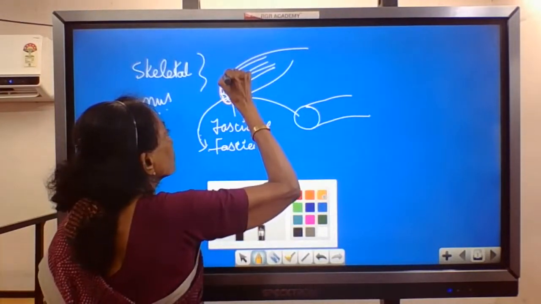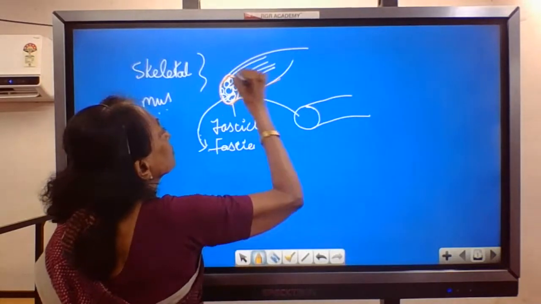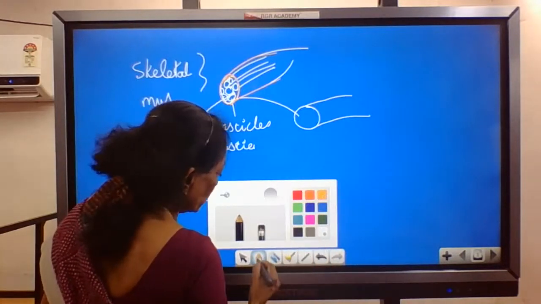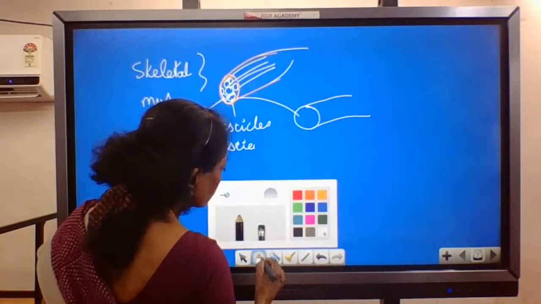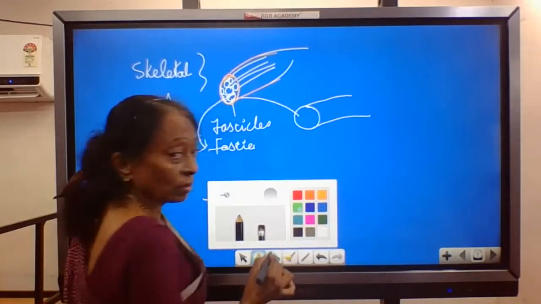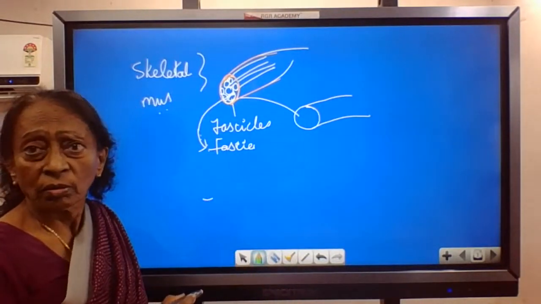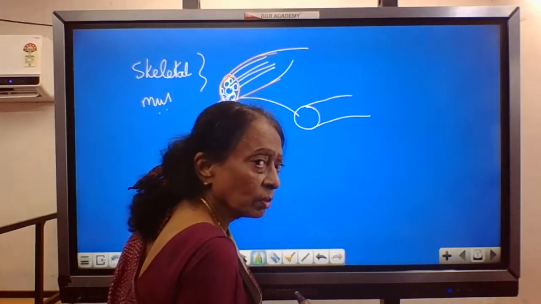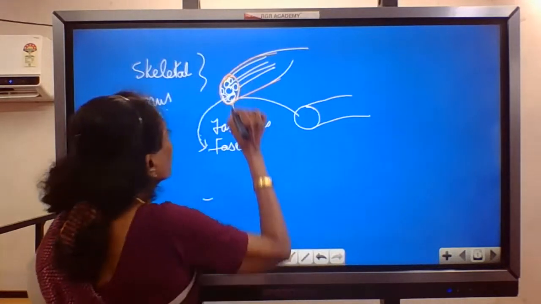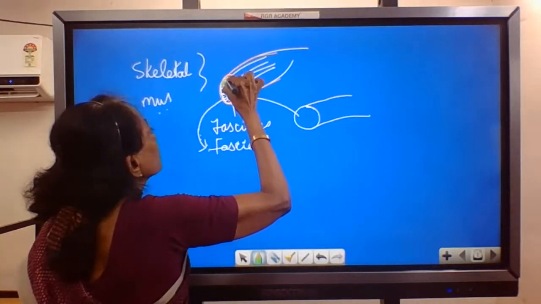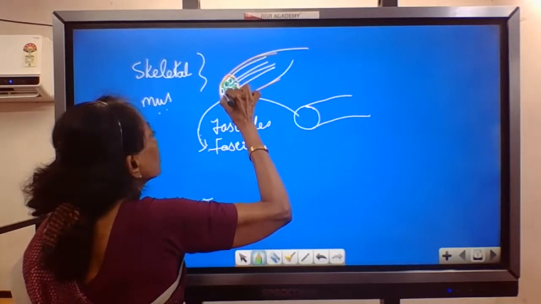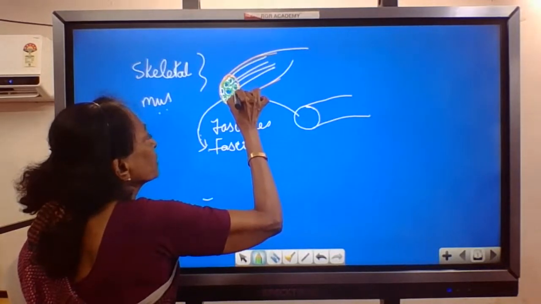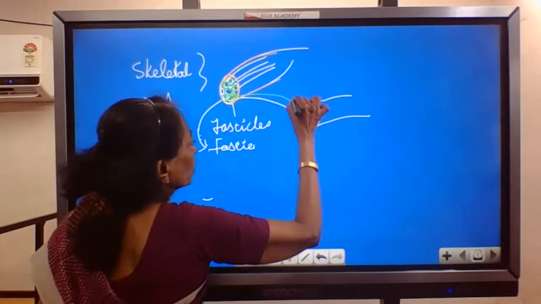Inside the bundle, you have got a number of rounds, and these rounds are called the fascicles. In between, the gap is filled with the fascia. Now you take this fascicle out separately.